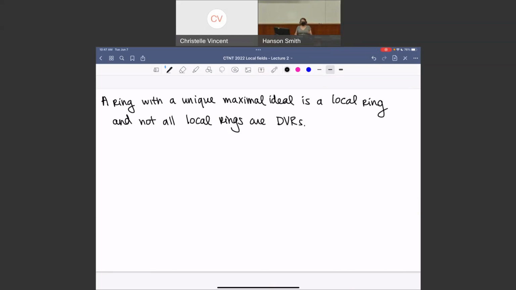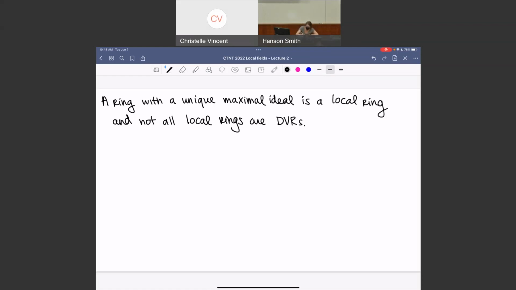So I started out, it was pretty easy to show that A would be a local ring, that it has a unique maximal ideal, but then there was extra work to be done to show that that maximal ideal is actually principal, that all ideals are principal, and that this ideal is actually prime.